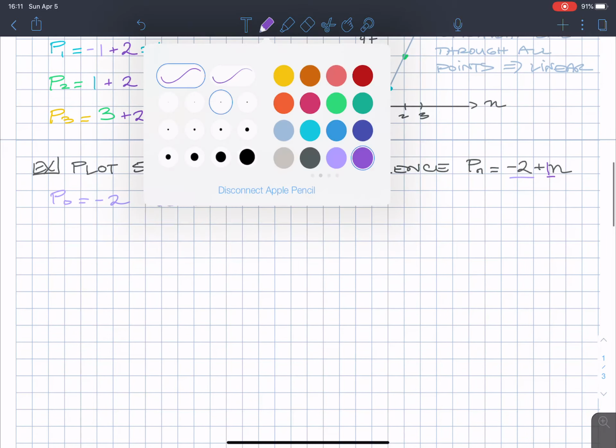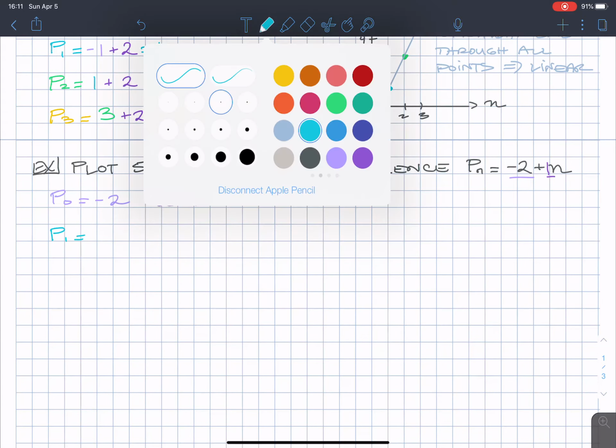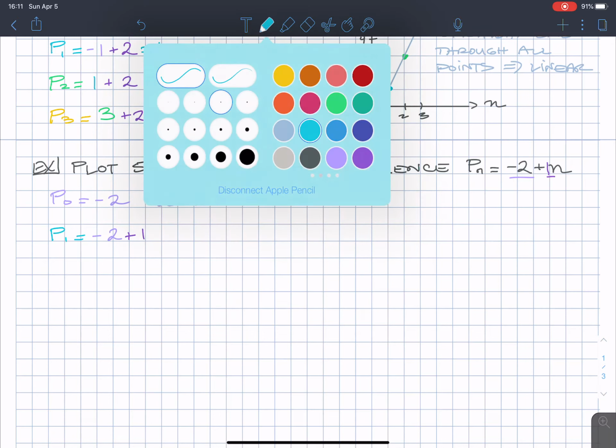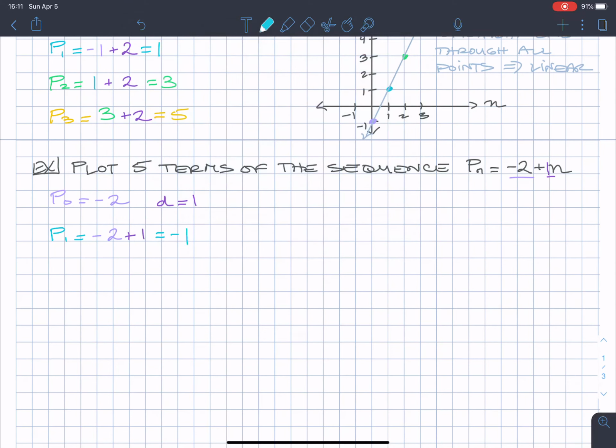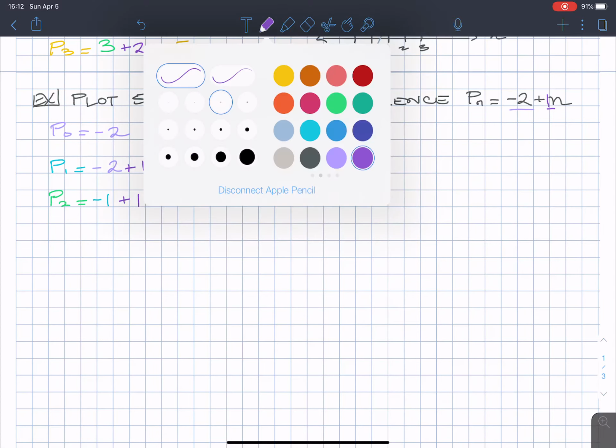Okay, so what that means is when I go to p1, I'm just going to take negative 2 and add 1 to it. So that gives me negative 1. Okay, now p sub 2, the second term, will be the previous term plus 1. So I get 0.